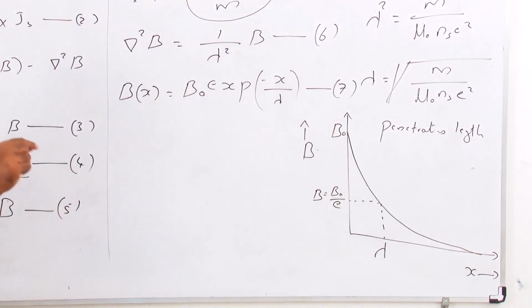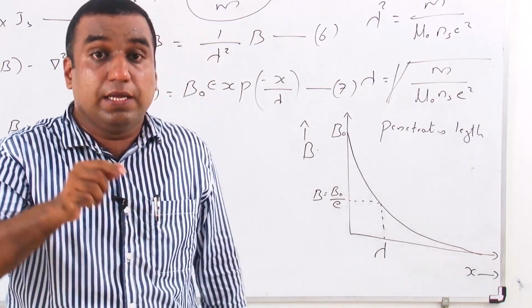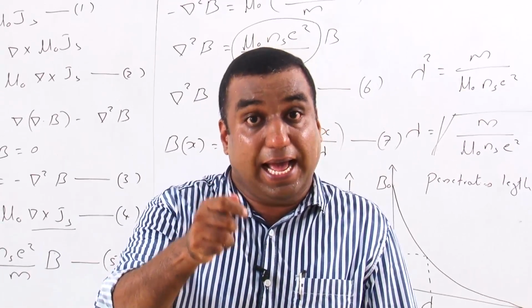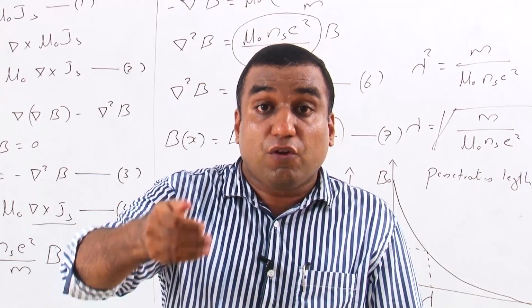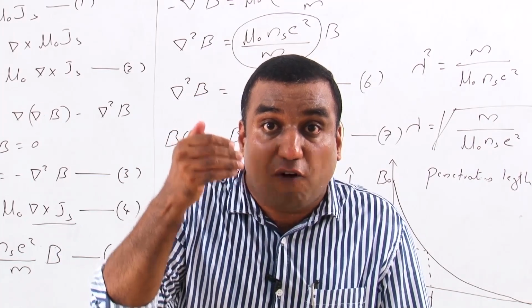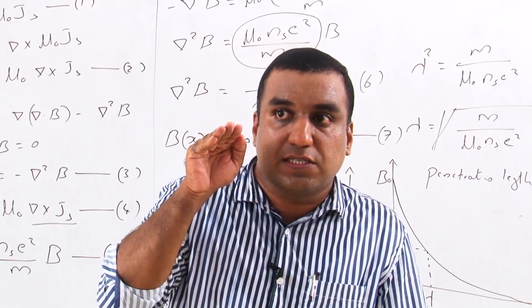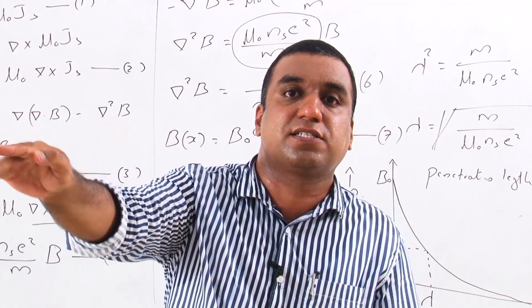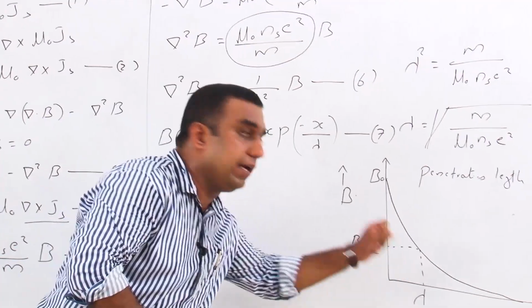If we apply magnetic field to a superconducting specimen, the magnetic field penetrates inside the material as the magnetic field is increased, and when the magnetic field is 1 by e times its maximum value, the distance inside the material through which the magnetic field penetrates is called penetration length and is denoted by lambda.